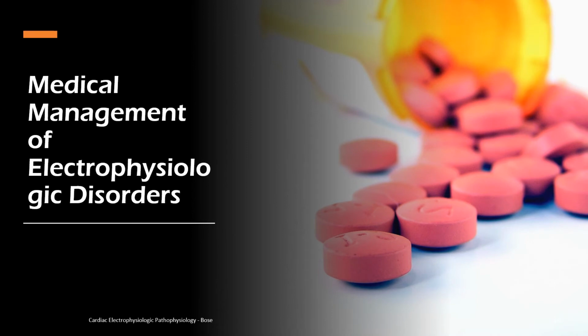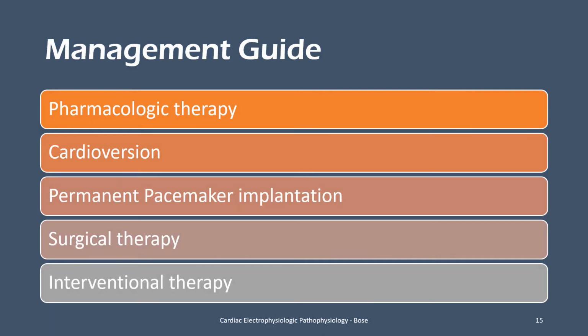So how are these cardiac electrophysiologic disorders managed? The management of electrophysiologic disorders is medical. They can be managed by drugs or by shocking the heart back to a normal rhythm, and that is called cardioversion.